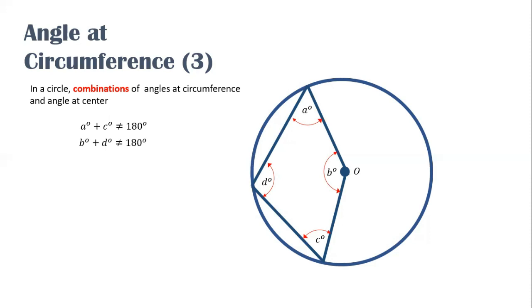Center O is not covered by the angles, right? So once again, A degrees plus C degrees is not 180 degrees, and B degrees plus D degrees is not 180 degrees.